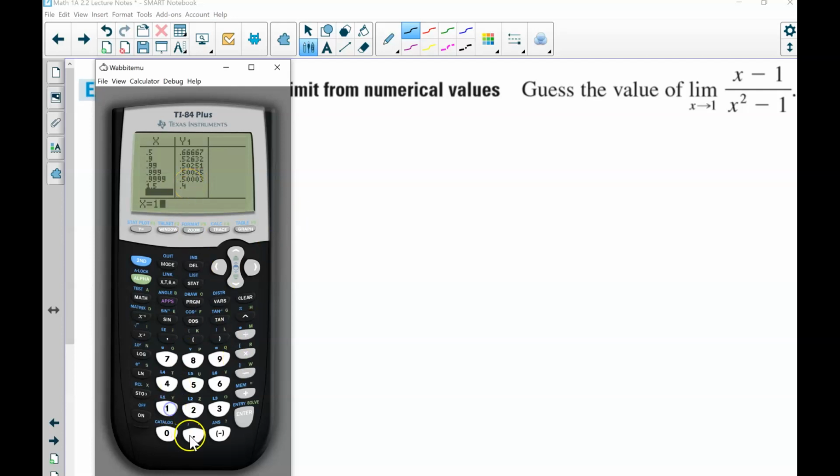If we go to 1.1, it gives us 0.476190. If we go to 1.01, it gives us 0.49751. If we go to 1.001, it gives us 0.49975. If we go to 1.0001, then you can see here, again, it's getting closer and closer to 0.5.